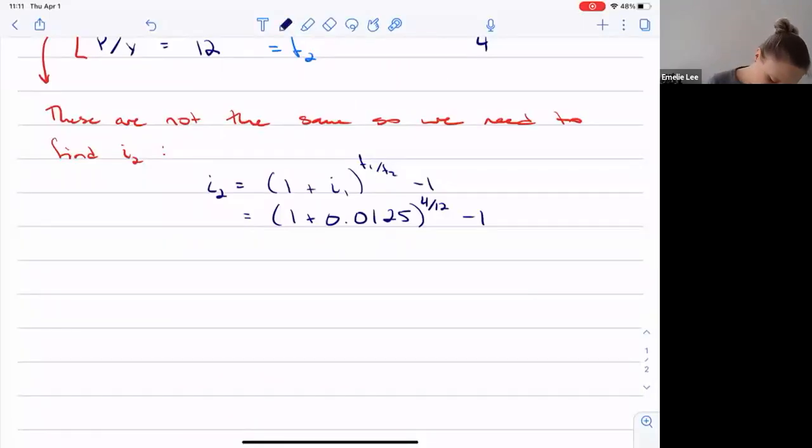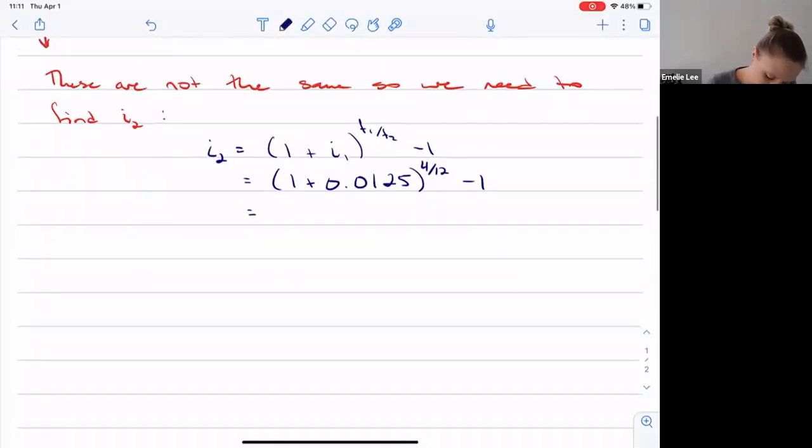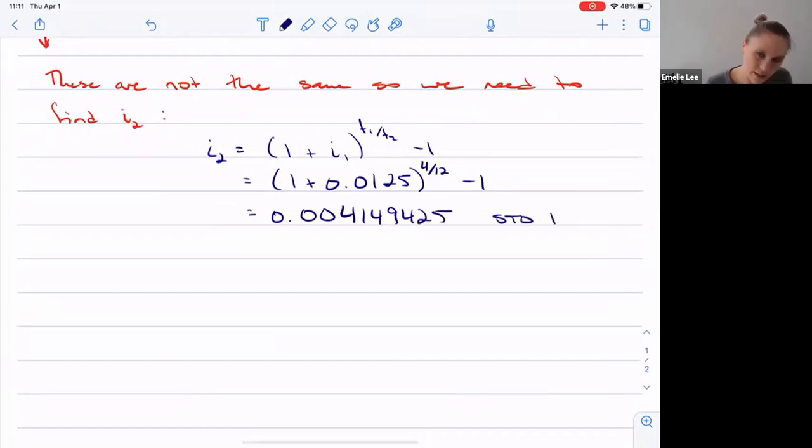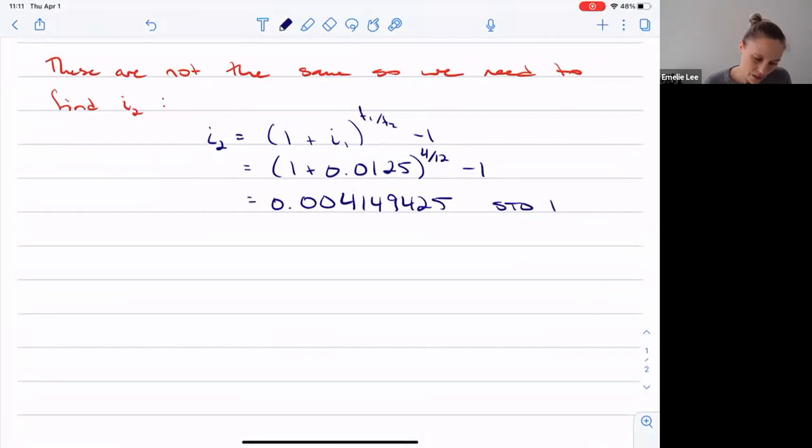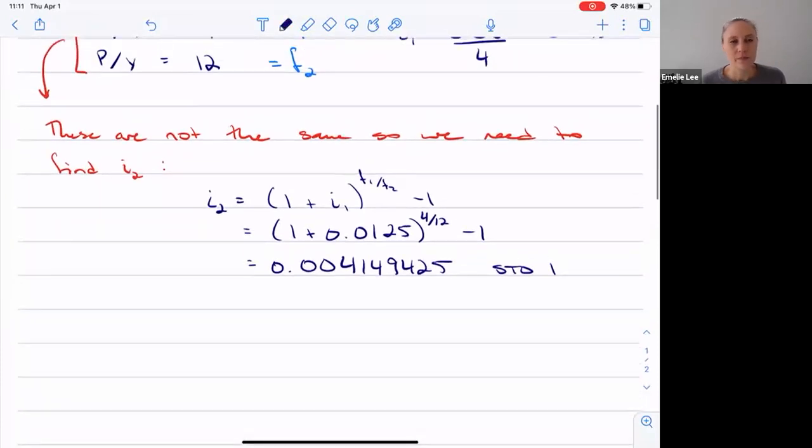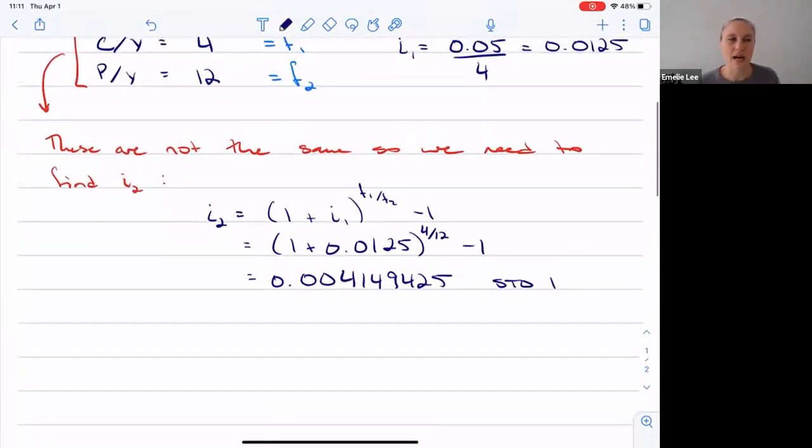So I get 0.0041494225, which I'm storing in 1. Okay, that's going to be the I that I use.